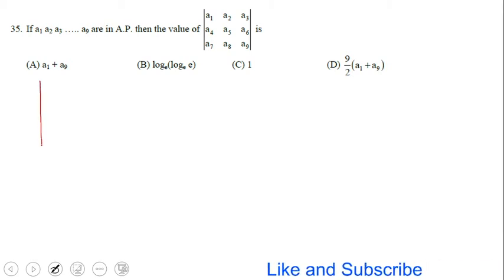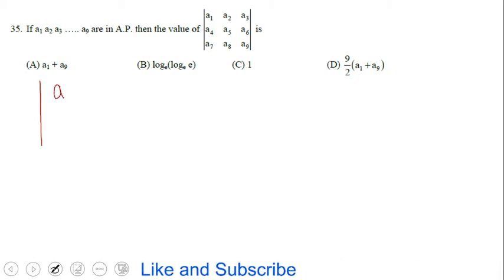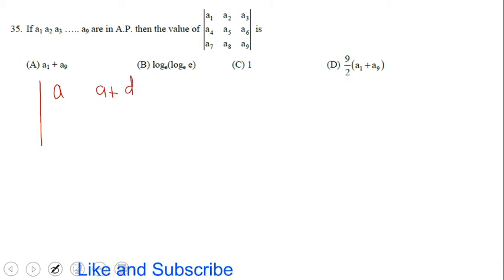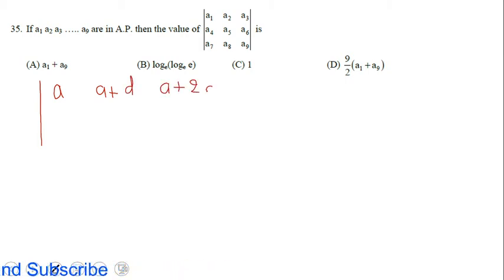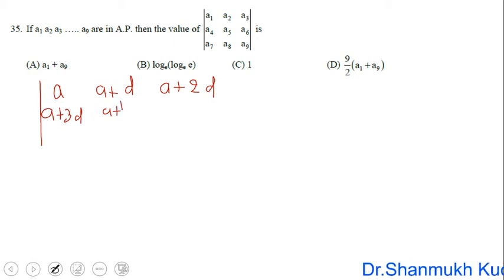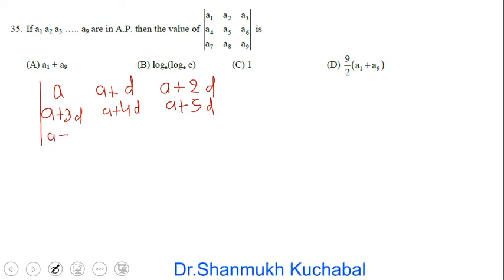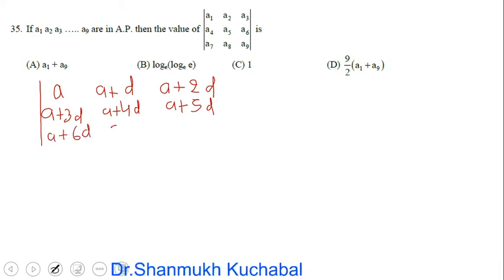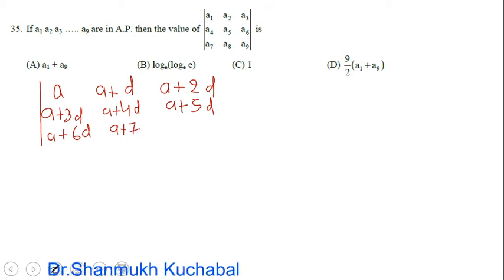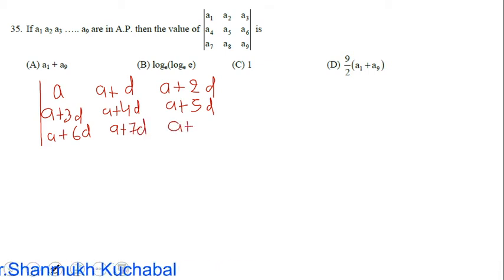So A1 I take as a, the second term is a plus d, A3, the third term, is a plus 2d, like that we have to write it. a plus 3d, a plus 4d, a plus 5d, a plus 6d, a plus 7d, a plus 8d.